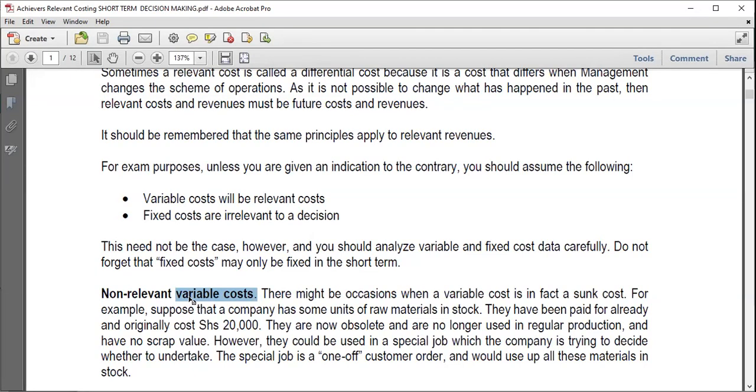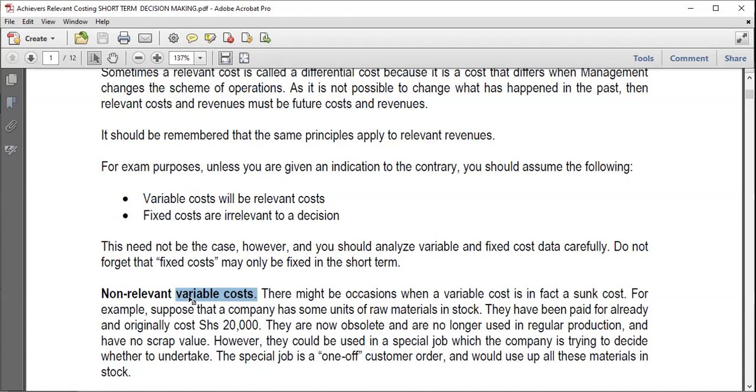So at the end of the day, the cost of those materials will be regarded as sunk costs. And sunk costs are irrelevant costs in this case. Yes, the materials are variable costs, but in this case, these variable costs are being regarded as sunk costs because they are not relevant to the decision at hand.